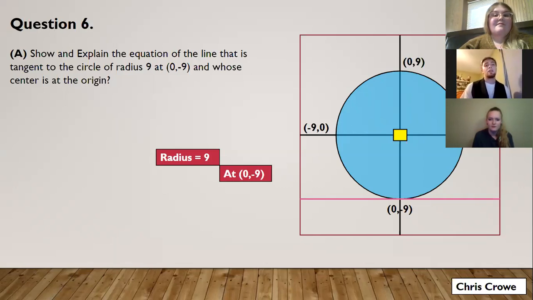And that would be correct for the opposite as well, which is actually part B of question 6, where it's asking you to show the tangent of the circle at point 0, 9, not 0, -9. They are opposite equations of a line, and they are tangents because they are opposite of each other, but they are still equal because of the same distance, the same spot, just different area.